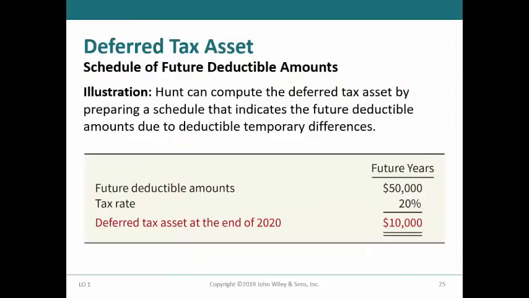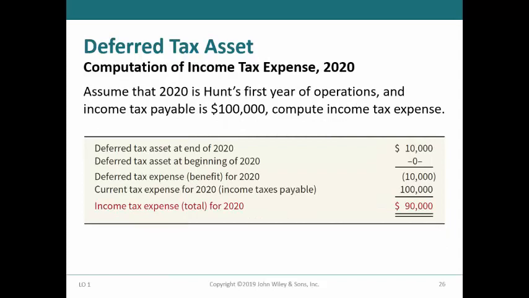To show the temporary difference, we will record a deferred tax asset of $10,000 in 2020. This is equal to the loss of $50,000 that was accrued for financial reporting purposes multiplied by the tax rate of 20%. Income tax expense is equal to the current income tax payable on the tax return of $100,000 minus the deferred tax benefit of $10,000.